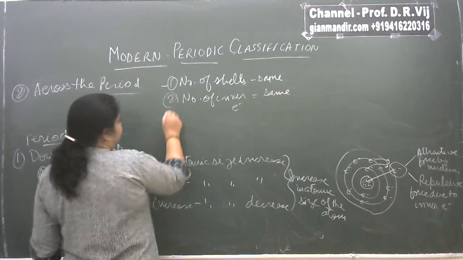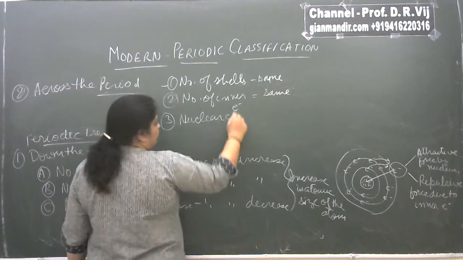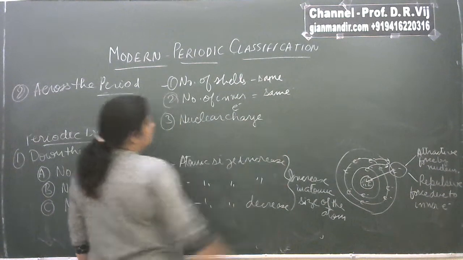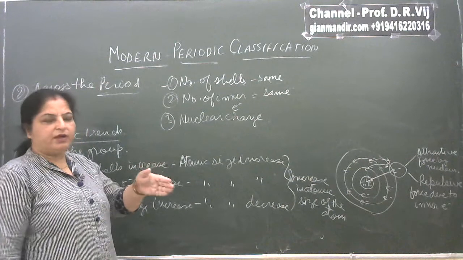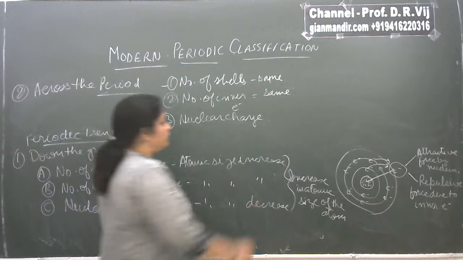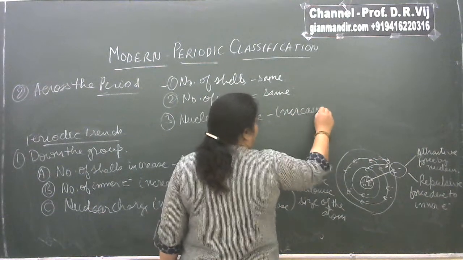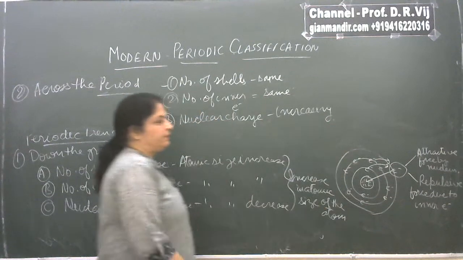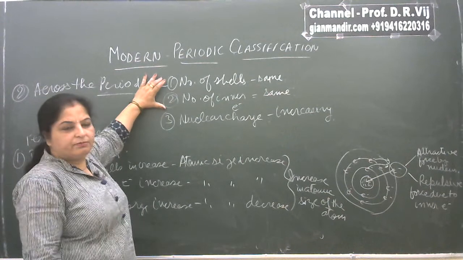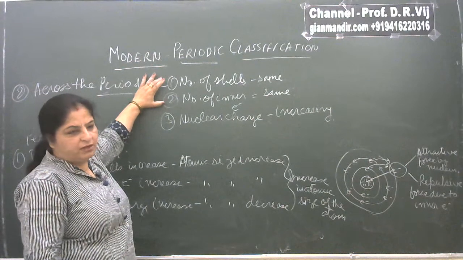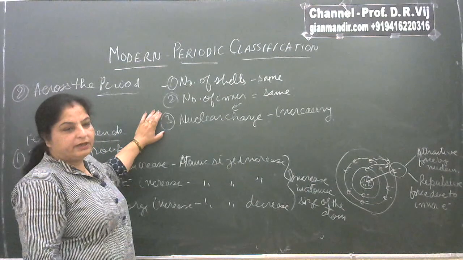And of course the third factor is nuclear charge. Nuclear charge means number of protons in the nucleus, and as we move from left to right, as atomic number is increasing, of course the nuclear charge is increasing. And you can see here the two factors that remain same, meaning almost having no effect on the size, and the only one deciding factor is increase in nuclear charge.